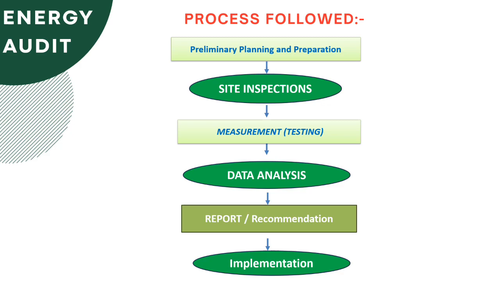Once we get the order for the energy audit, then we'll check what kind of site it is, whether it's a factory, a commercial building, or a particular kind of manufacturing industry. What equipments are being used there, and which team will go for the audit. This is the primary planning and preparation for the audit.